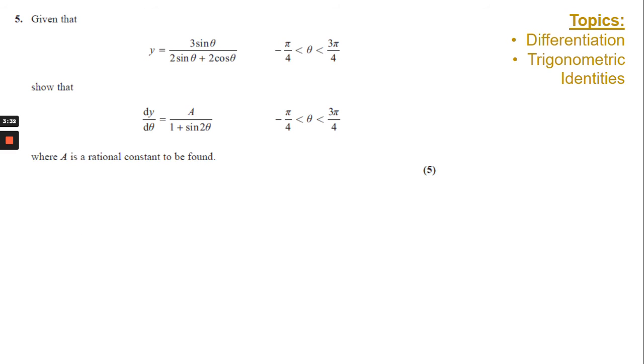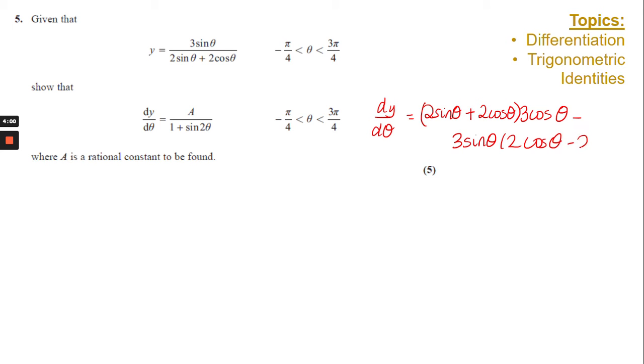So I'm going to write the statement small over here. dy d theta equals 2 sine theta plus 2 cos theta, times 3 cos theta minus 3 sine theta, times 2 cos theta minus 2 sine theta, all over 2 sine theta plus 2 cos theta squared.